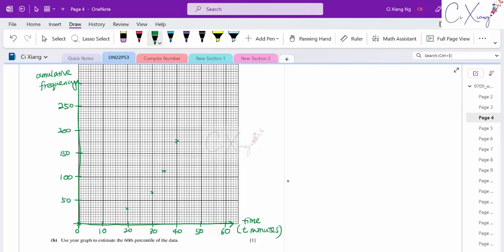Okay, 50 is 228. So 228 will be somewhere here. And then 250 for 60. Okay, after I plot all the points, I try to connect them with a smooth curve.